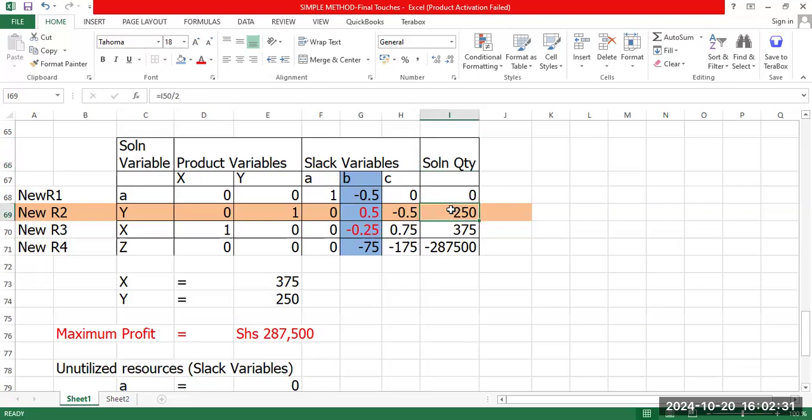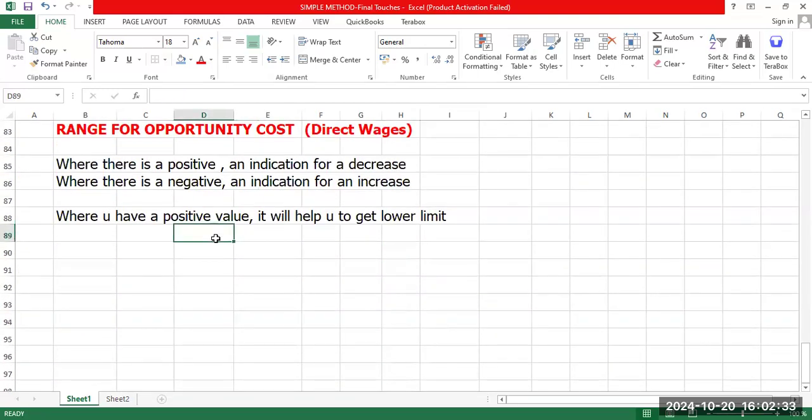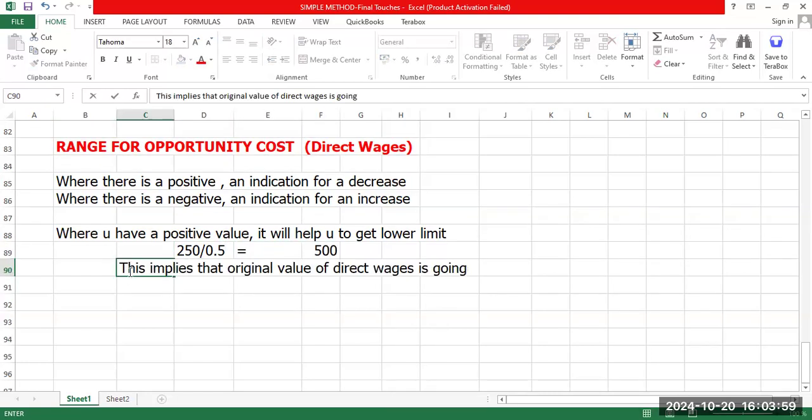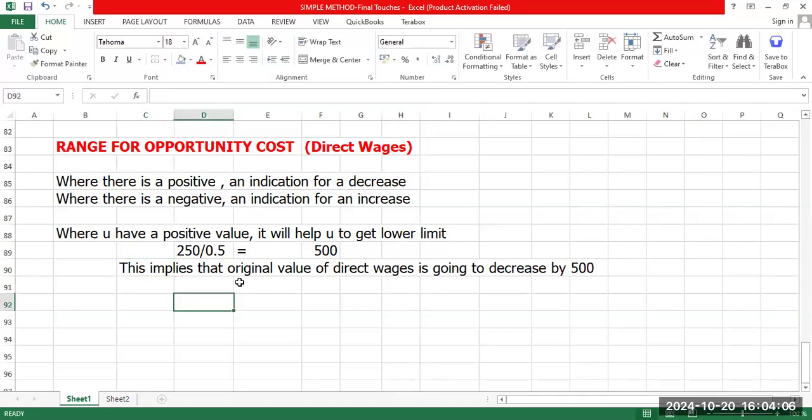You have 250. So you get that 250, divide by 0.5. What do you get? 500. So what was your original?